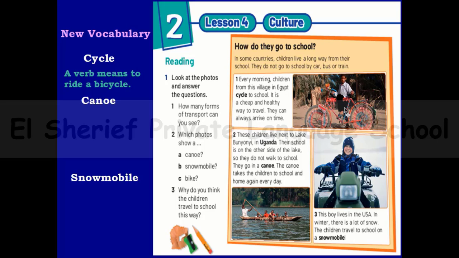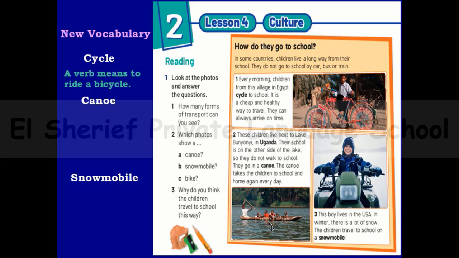He is using the bicycle to move and to go to his school. By the way, the word travel here means to move, not to travel a large distance. So after that, we will go to number 2.